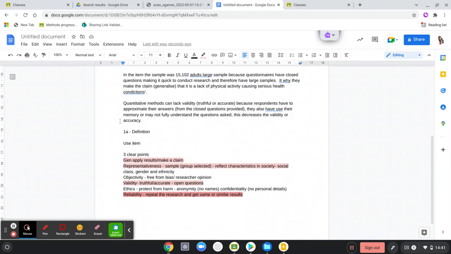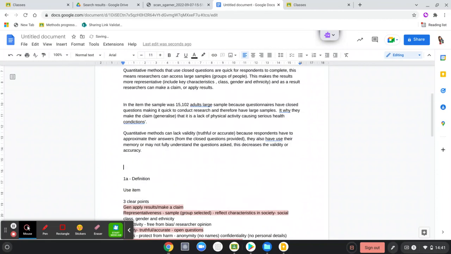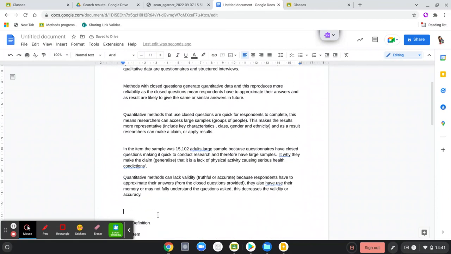So that's what we would have done in the lesson. So the other one you can do, just to give you an option, my go-to is, positivists favour quantitative methods because it enables them to take a macro approach, large scale, and ensures they can establish key patterns and trends.